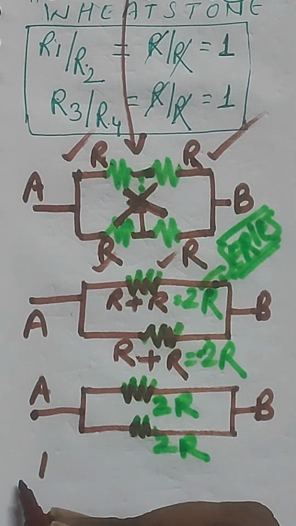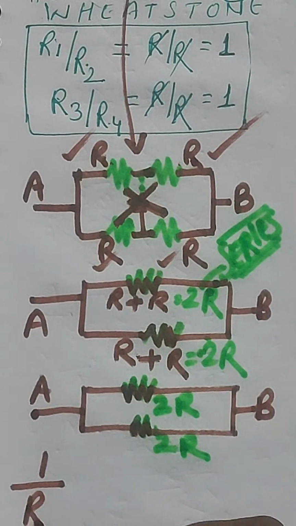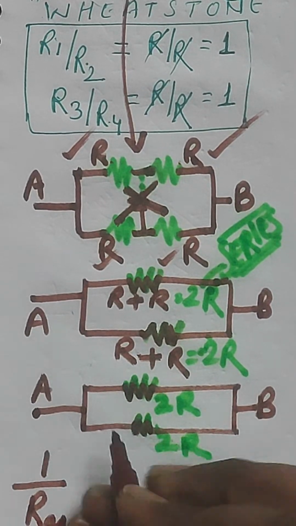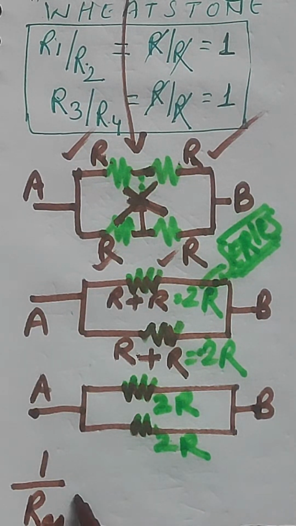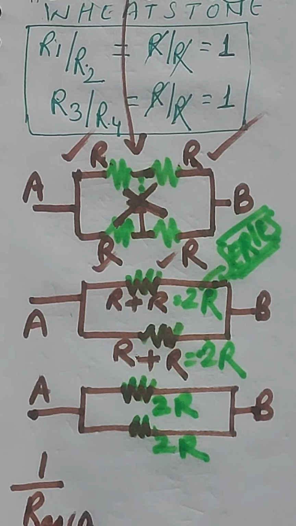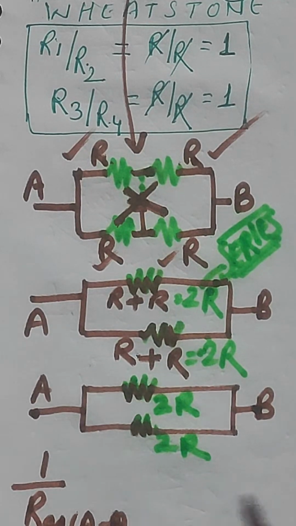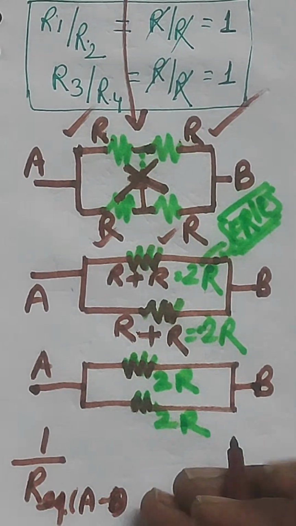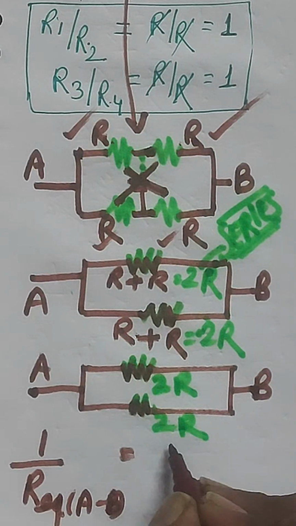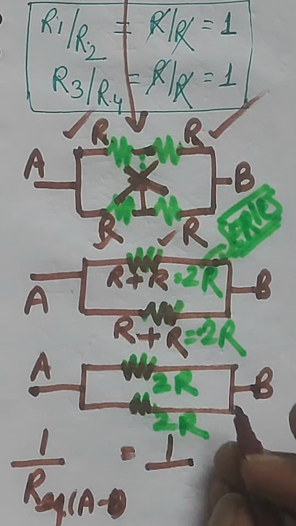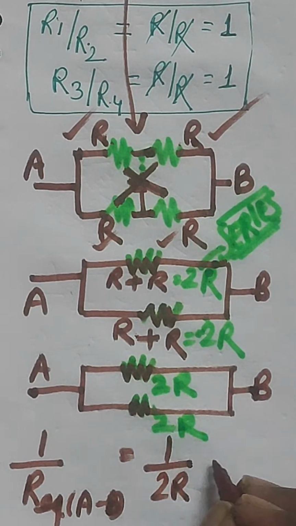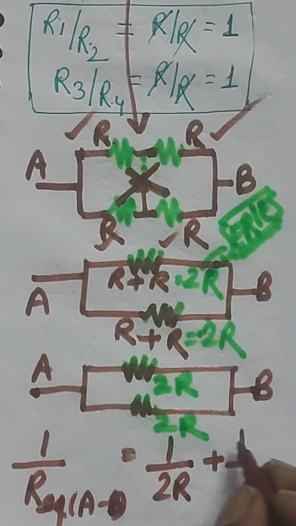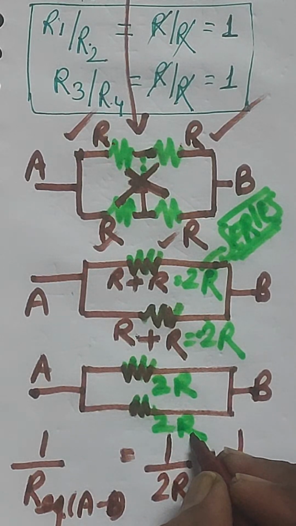So if you remember, for a parallel combination, the equivalent resistance between A and B, which is asked in the question, will be equal to 1 by R1, which is 2R, plus 1 by R2, which is again 2R.